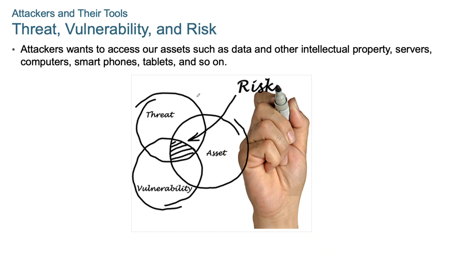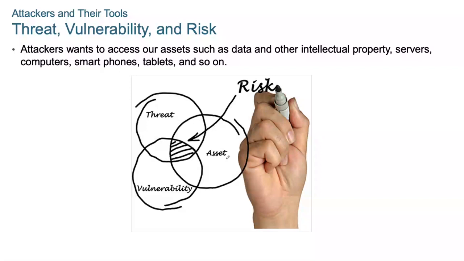So who is attacking our network and what are their means? The first few terminologies we need to understand are threat, vulnerability, and risk. If an attacker tries to attack the network or any end devices, we are under attack, and the attackers want to access our assets.